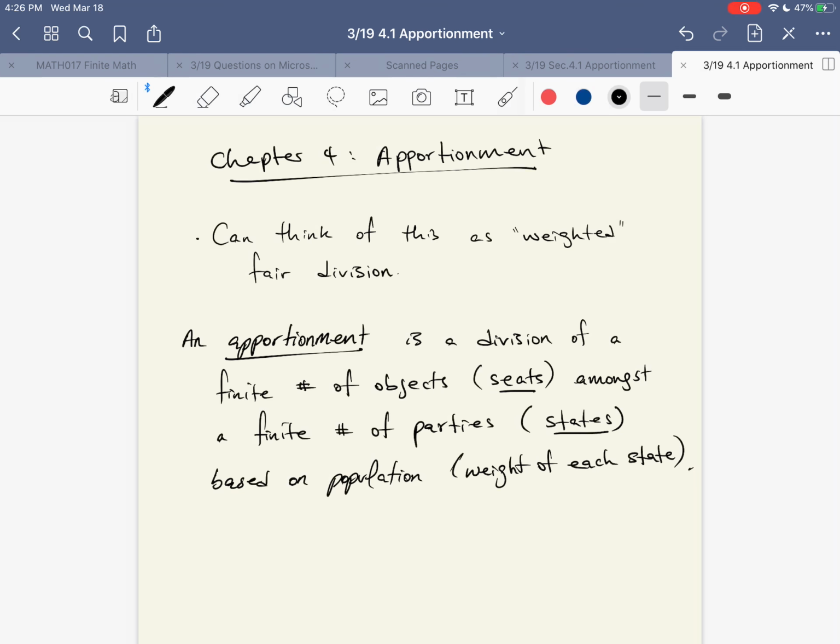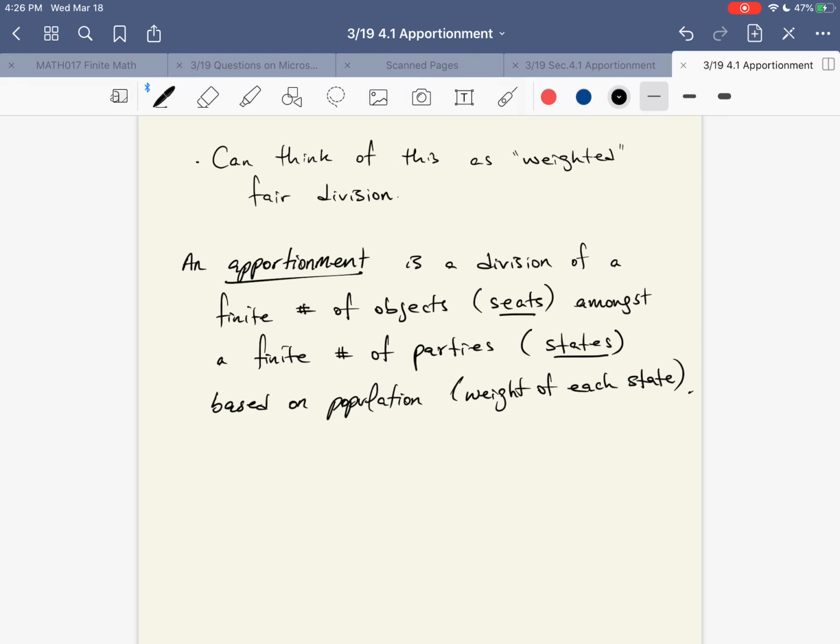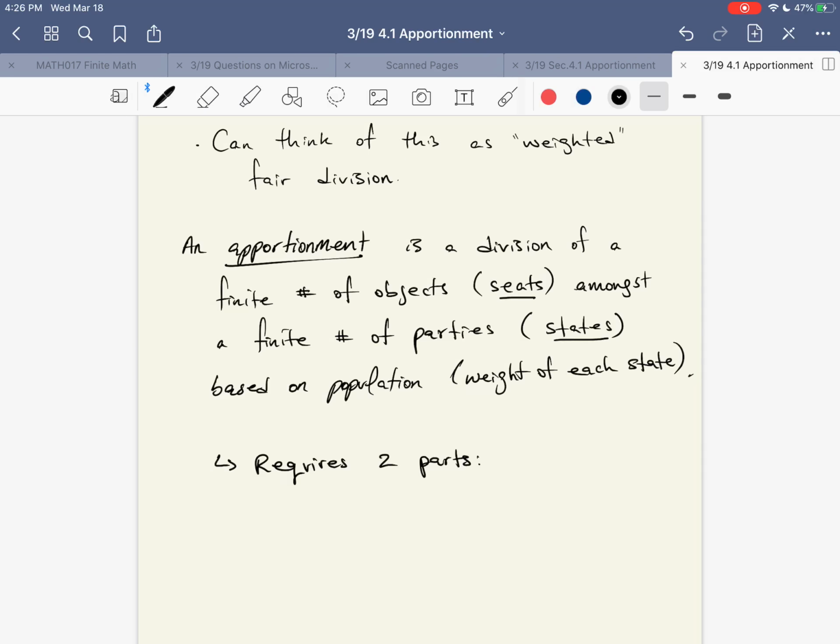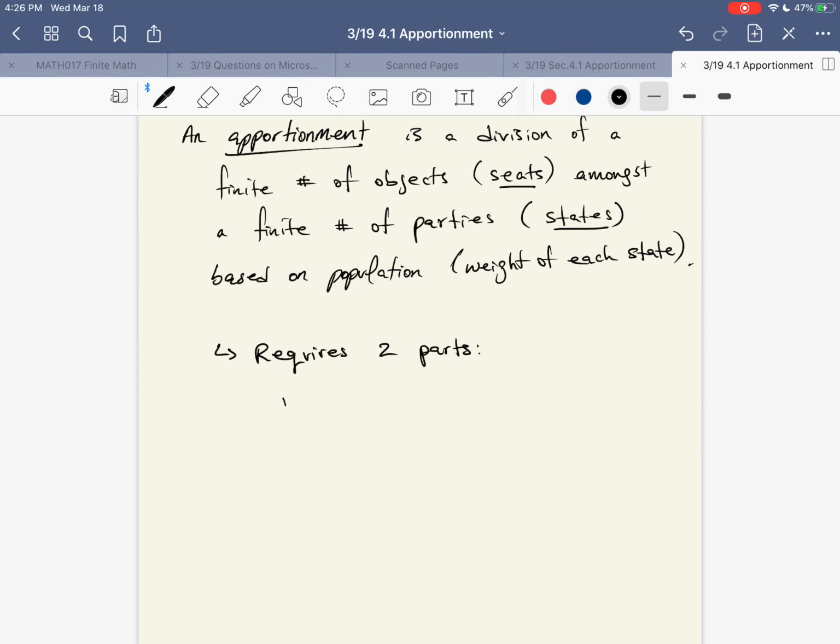Okay. Good. So it requires 2 parts. The first is the dividing. That is the dividing up of seats amongst the states.